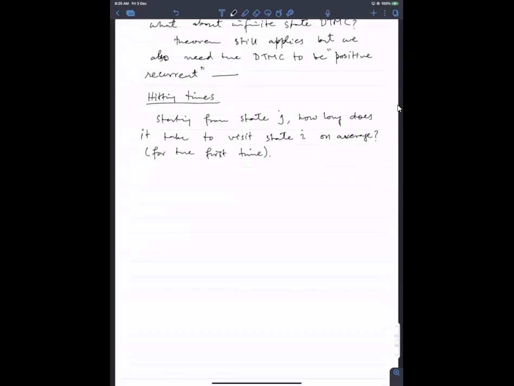And I call this Mij. It's the expected number of steps needed to first get to state j starting from i.